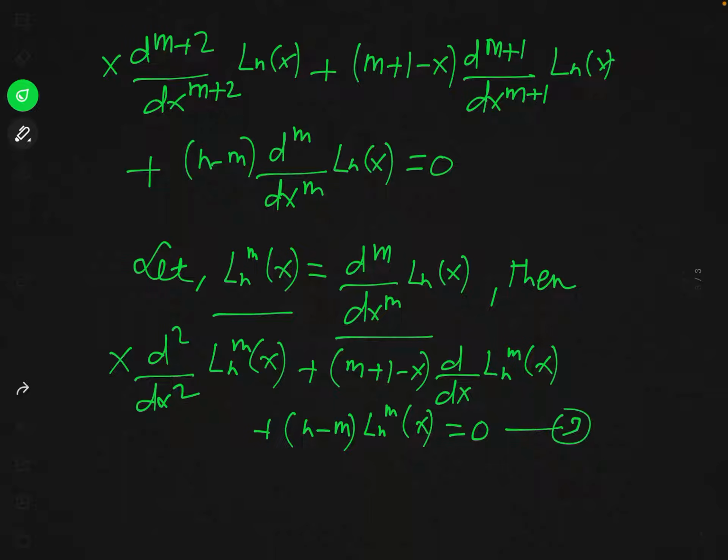Actually, in this equation, the constants n and m are positive integers, and this function L_n^m(x) is known as associated Laguerre polynomials of degree n minus m, and this equation 3 itself is known as the associated Laguerre differential equation.